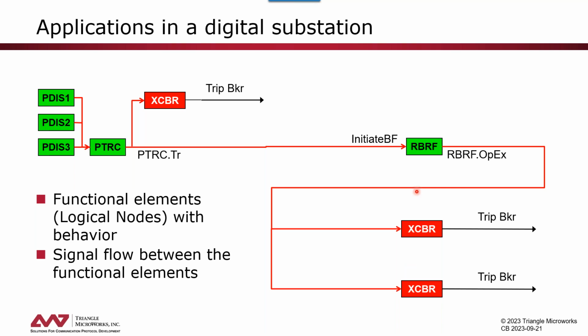So what we see for these little applications, we have a bunch of functional elements, 61850 logical nodes, and we have signal flow between these elements.